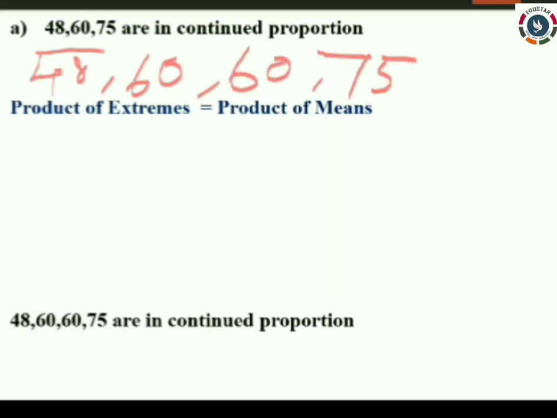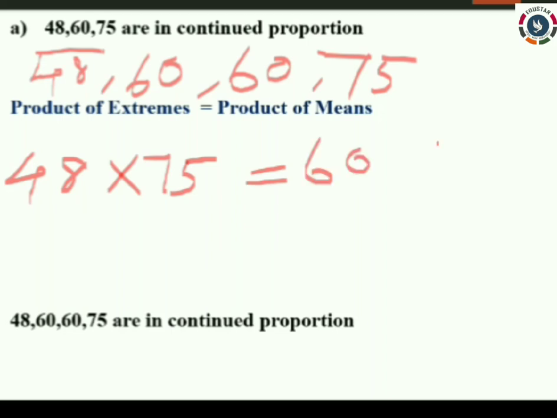Now we have 4 quantities, right? So now I am going to use that formula. Product of extremes is equal to product of means. Here your extreme terms are 48 and 75. First and fourth terms are called extremes. Second and third terms are called means, right?